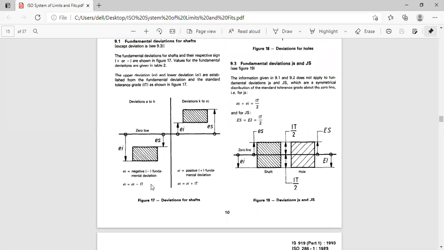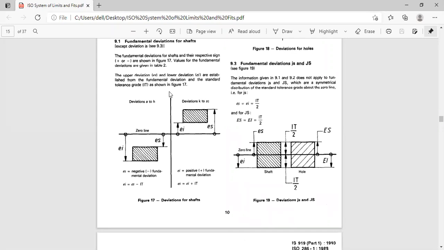This small ei is nothing but the lower deviation, which is equal to the upper deviation minus IT. Already what I told you, small it is equal to es minus ei, upper deviation minus lower deviation.